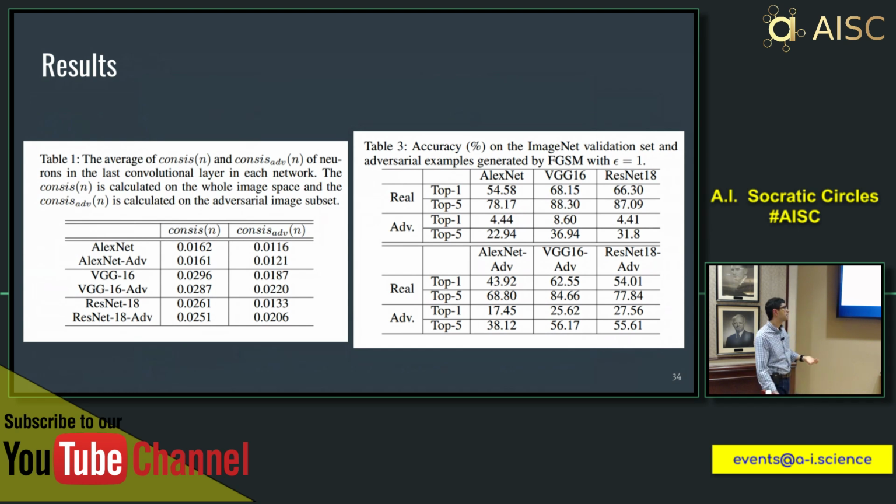So it's an improvement, which is, I think, acceptable. For VGG, from 68 to 8, now we have 62 to 25 for normal images. And for adversarial images, again, we have improvement as well. So it's more robust, but it's not a huge improvement. And that's actually the case for almost all adversarial training.